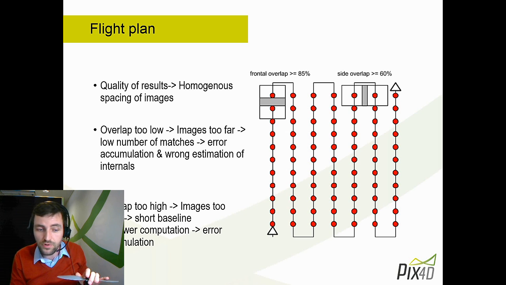In addition, it also makes computation slower, and you also have the risk of error accumulation. So you really need an overlap in the range that we discussed. As I described in the flight mission planner before, I put the values of 70 and 80, which is something very reasonable.